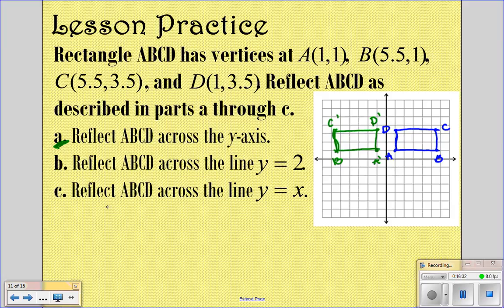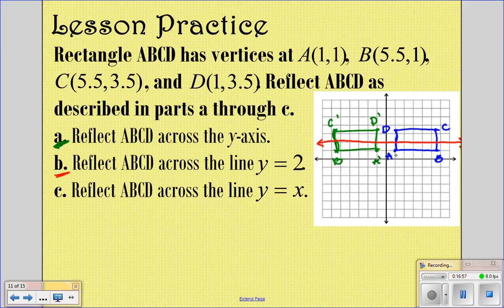For B, I'll do it in red. We want to reflect it across the line y equals 2. So the line y equals 2 is a horizontal line because it's going through the y-axis at 2. And so this one is actually going to get kind of reflected over itself. So D is 1.5 away.